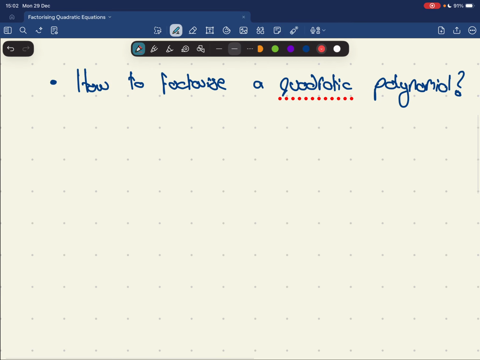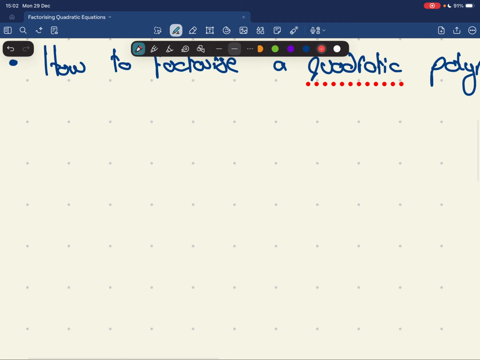In this case I'm going to focus on factorizing monic quadratic polynomials, so polynomials of the form x squared plus ax plus b.